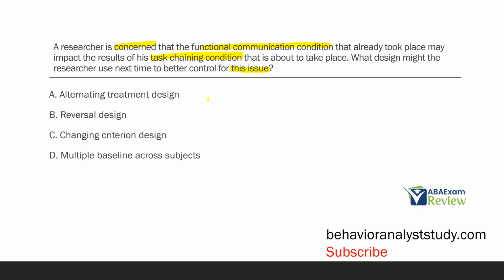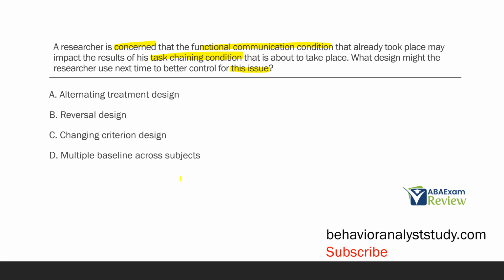A reversal design, B, is one of the biggest culprits of sequence effects because your conditions are longer and you're going condition to condition, and there's a good chance that one condition affects another. With a changing criterion design, you're not going to be changing up these interventions necessarily.